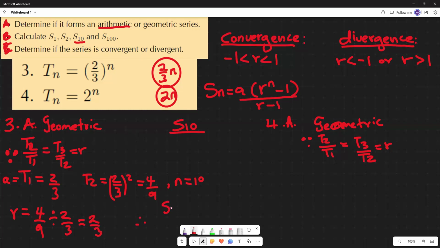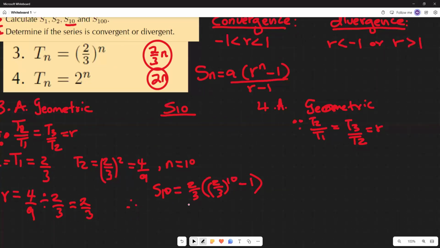Our A is 2 over 3 and our R is also 2 over 3. So 2 over 3 to the power of 10 minus 1, all over 2 over 3 minus 1. And then you should get your solution. You know how to press a calculator, right?